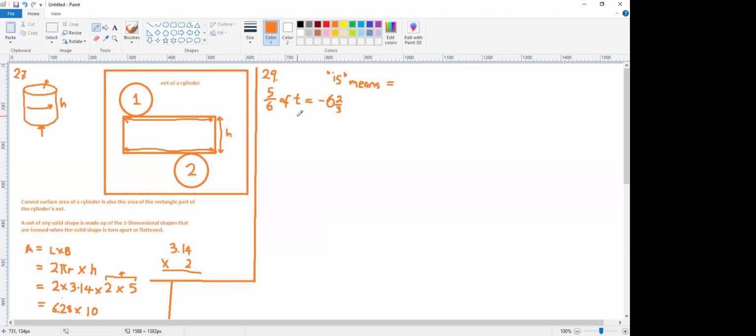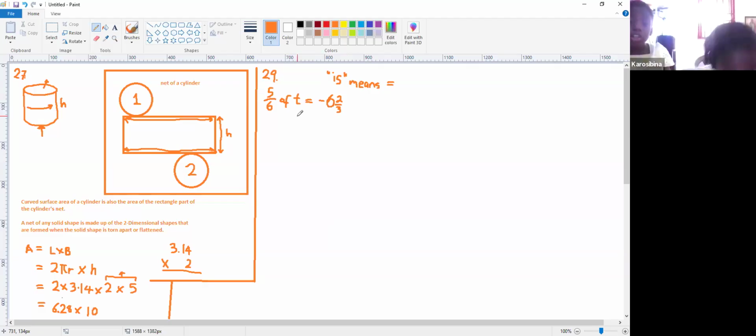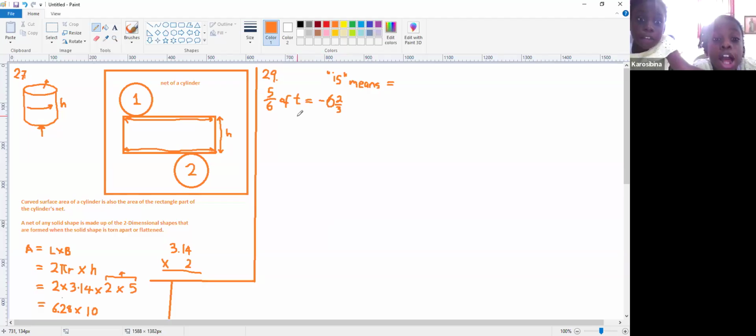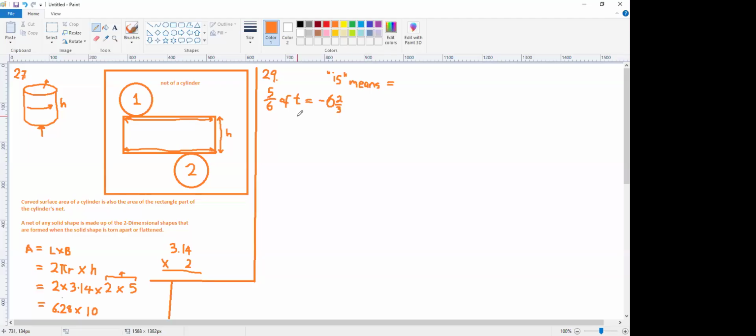You make it into improper fraction. Yes, improper fraction. Thank you very much. So let's turn that minus 6 whole number 2/3 to improper fraction. What will it become?